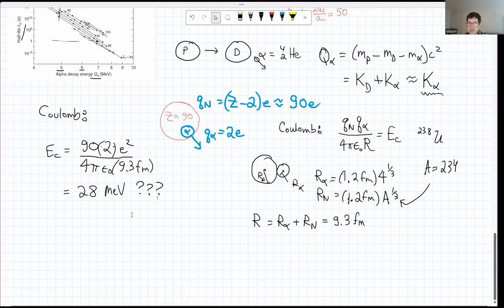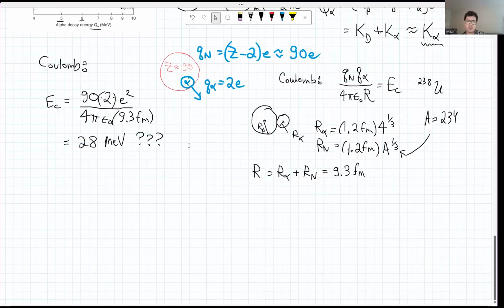This is where quantum mechanics comes to the rescue. Alternatively, if the alpha particle just appeared in the nucleus, it would never be able to leave, because as soon as it tries to leave, it sees this huge Coulomb barrier that will prevent it from leaving. It just won't have enough energy to overcome it.